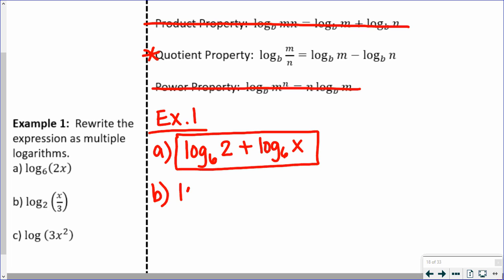So we're going to do log base 2 of the top item, which is x, minus log base 2 of the bottom item, which is 3. And there's no exponents inside here, so I don't need to do that last one, so that is your final answer.